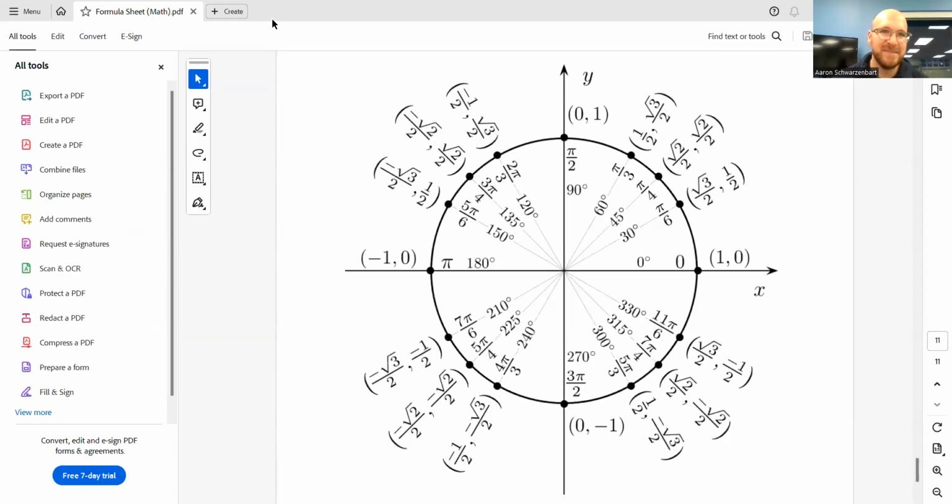Right here, the inverse cosine of negative square root of 2 over 2 is 3 pi over 4. Again, I'm looking at quadrants 1 and 2. Oh, it wants me to do all of these without a calculator.